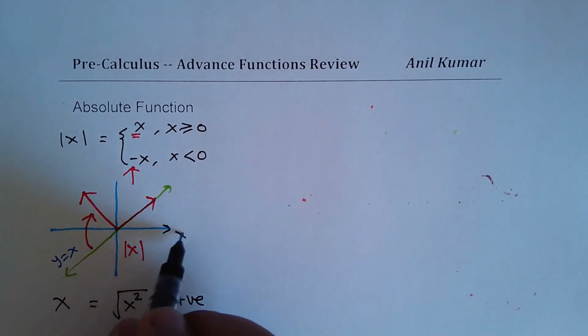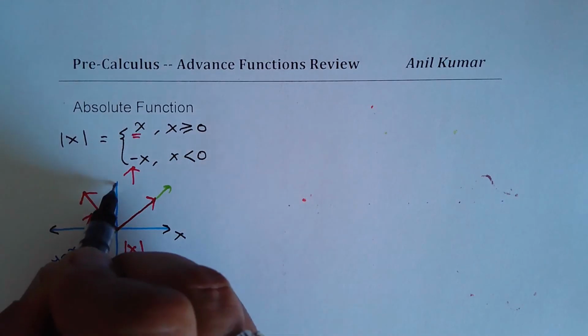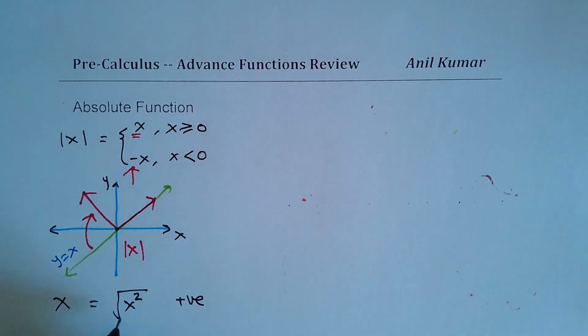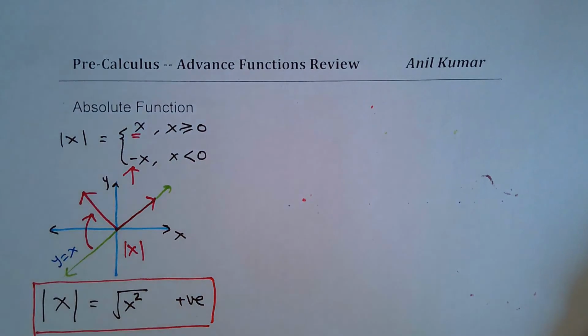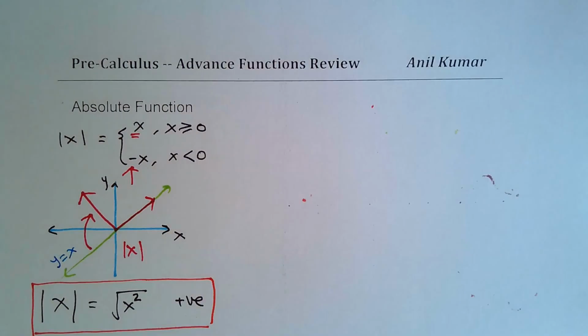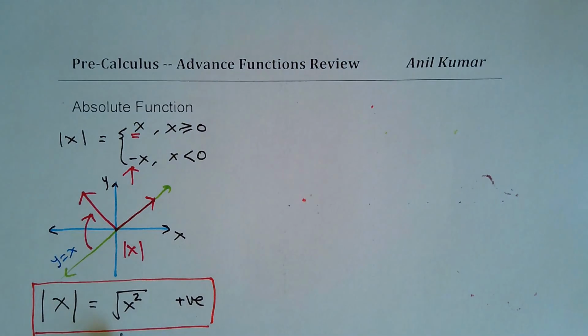X could be positive or negative. So that is not x, but it is absolute value of x. So this gives me another very, very important definition of absolute x. So in advanced functions and in calculus, we are going to use this particular definition of absolute value of x a lot.